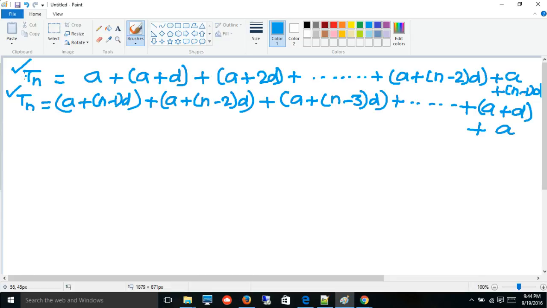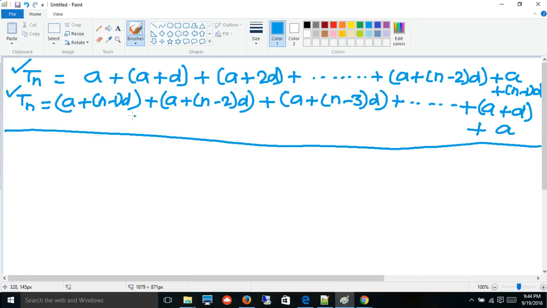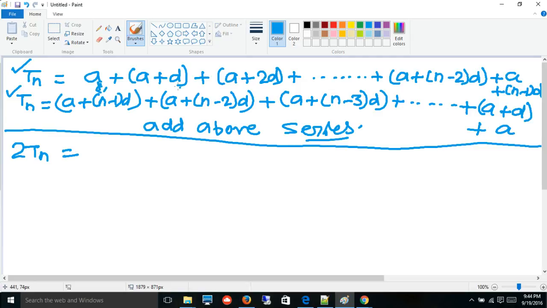Now we have to add these two series. What you will get here is Tn and Tn, so you will get 2Tn. Now we will add the first term with the first term of the below series, second with second, and third with third.